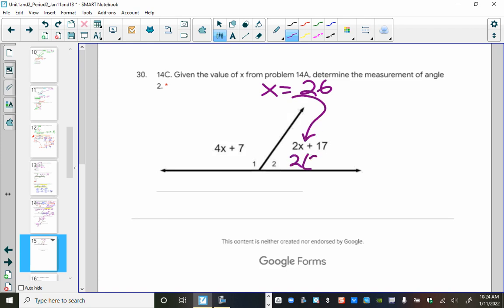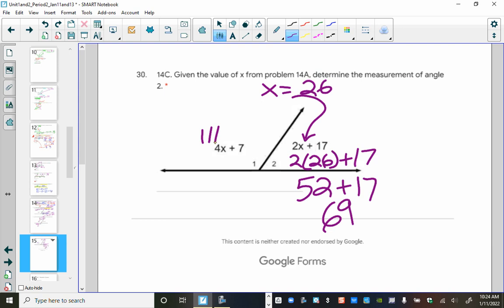Then you do 2 times 26 plus 17, or 52 plus 17, 69. Now, you could have also done it the cheaper way. You knew this was 111. This angle is 180 minus 111. So that's the other way you could have gotten 69 as well.